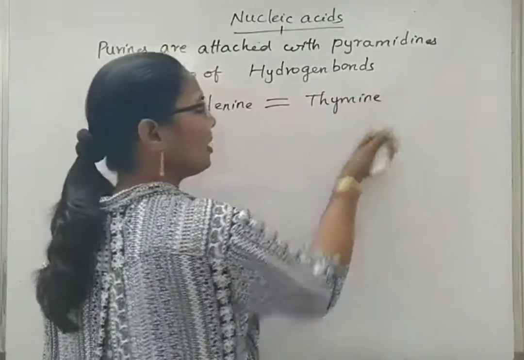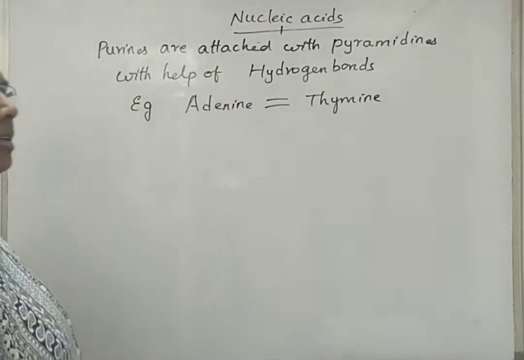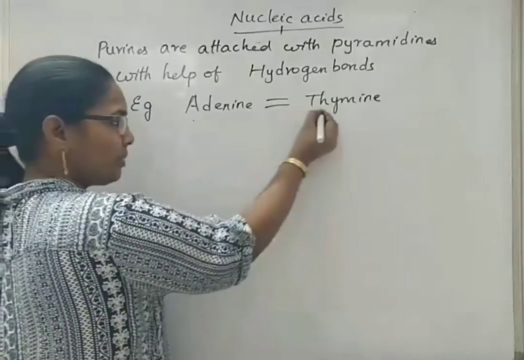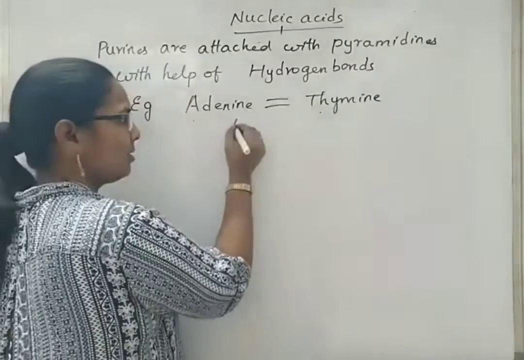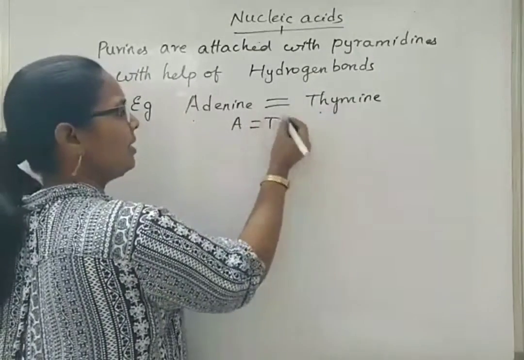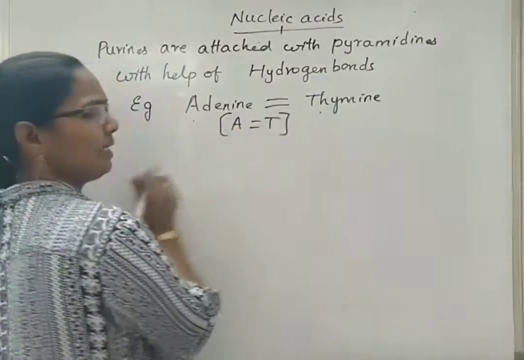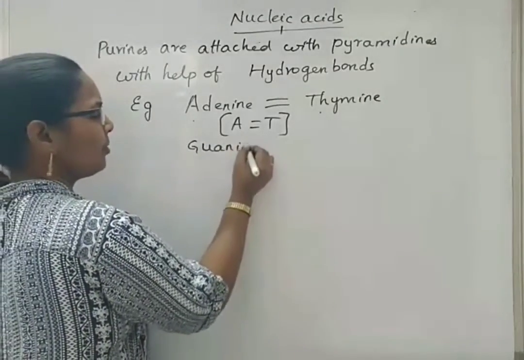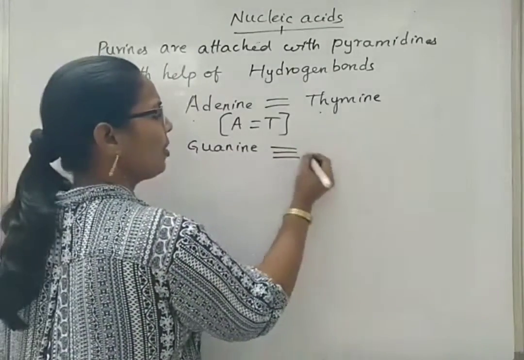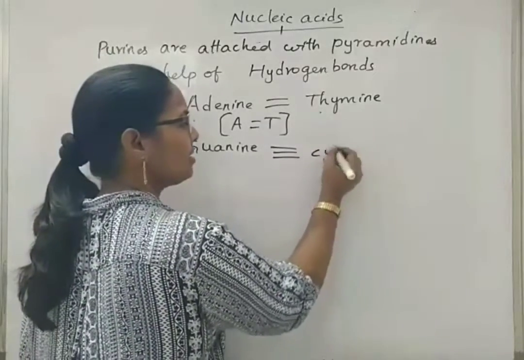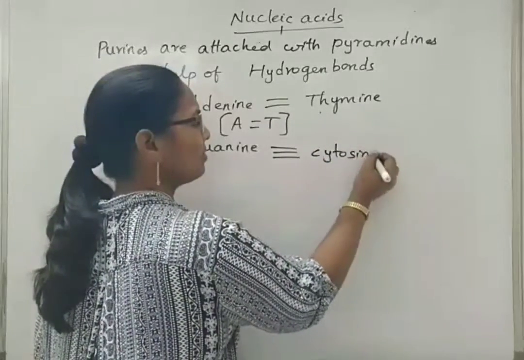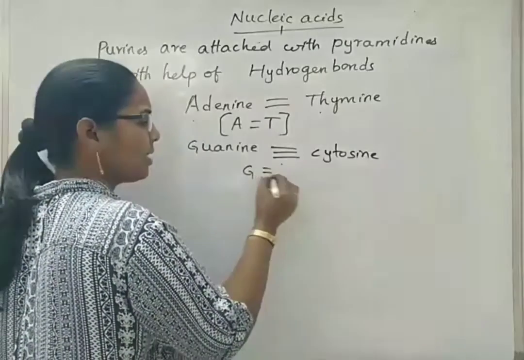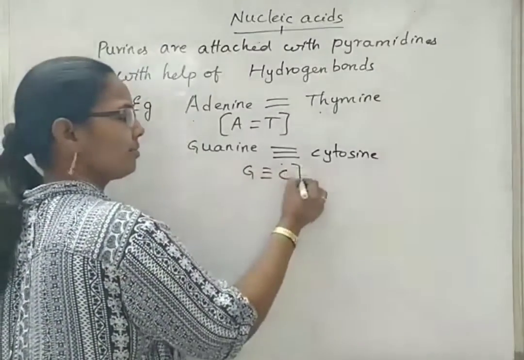Means one purine will be binded with one pyrimidine only. Adenine always binds with thymine only. This one simply we represent like this, AT. Next, guanine, another purine, is bonded with another pyrimidine, that is cytosine, with 3 hydrogen bonds. This we represent simply like this.